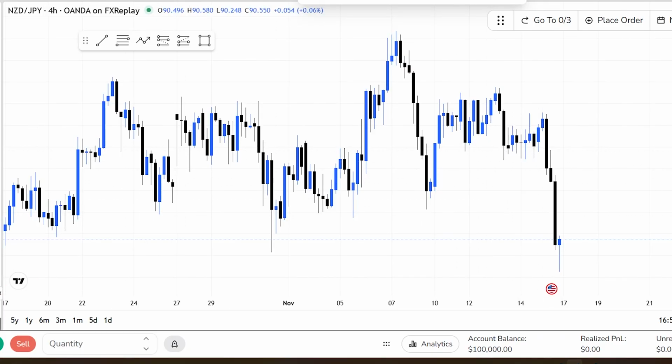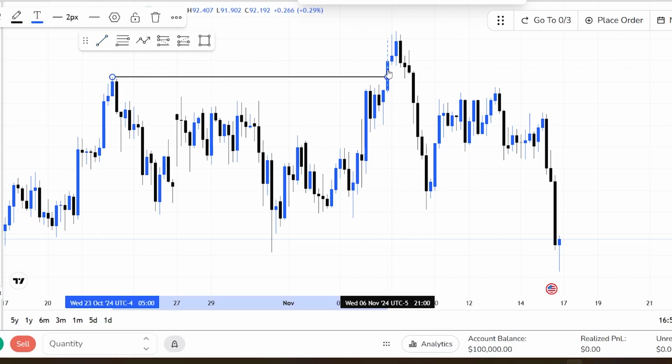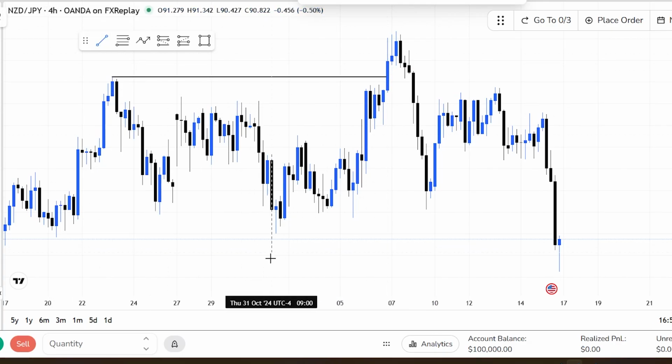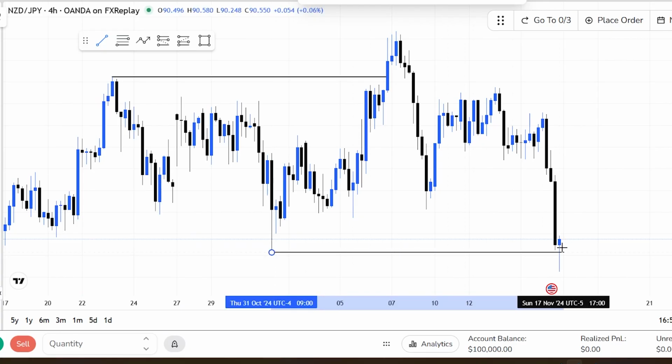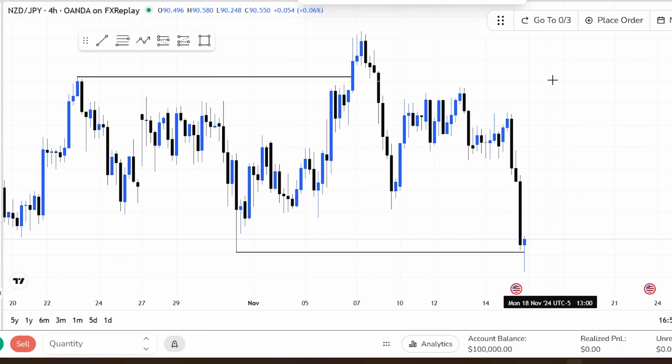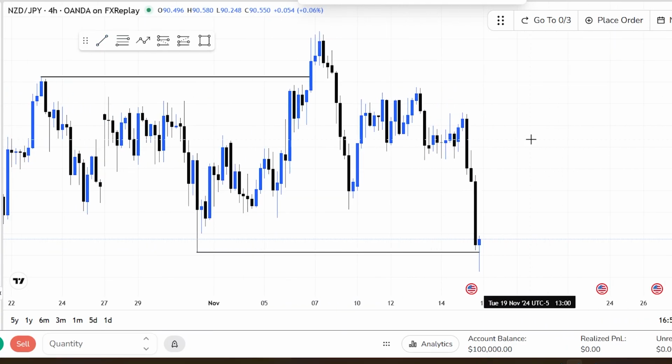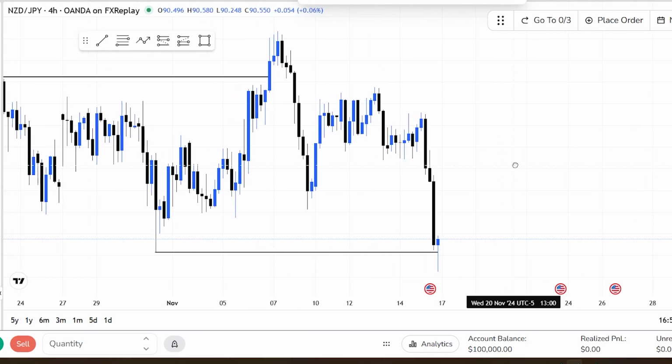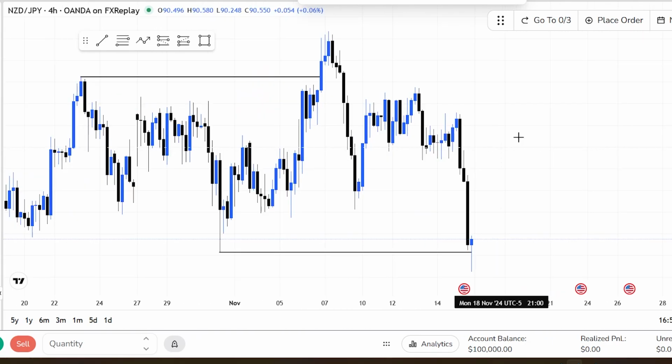So here we have our New Zealand JPY, as you can see. Price took out the high, so we had to wait for price to see how it's moving. Actually, we have our price here. It swept the high, swept the low, and we're having it here.